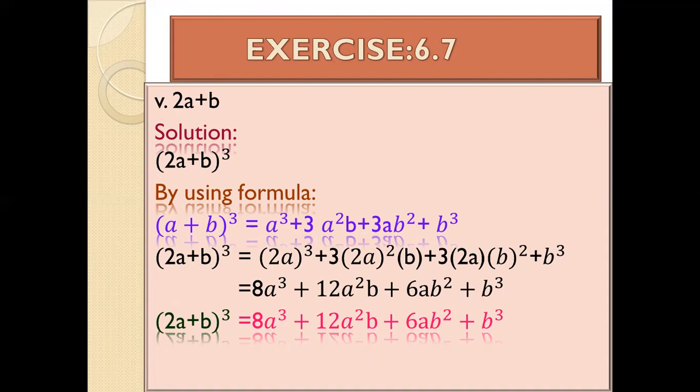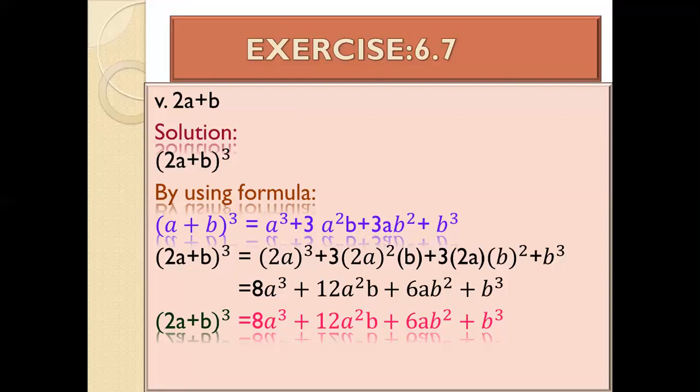2a whole cube plus 3 into 2a whole square into b plus 3 into 2a into b square plus b cube. No change to b because b is b. When we open the cube of 2, 2 multiplied by 2 multiplied by 2, 8a cube, plus the square of 2a, 2a multiplied by 2a, 4a square.